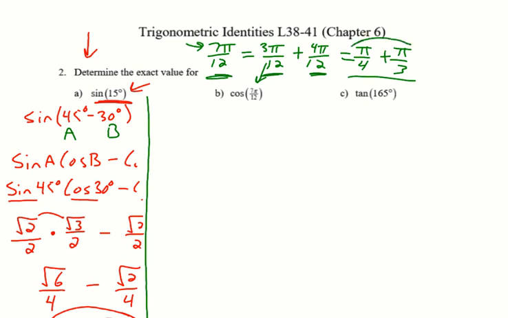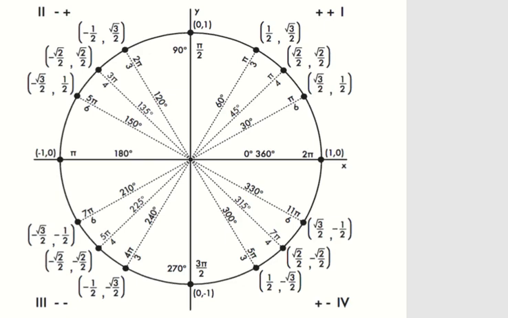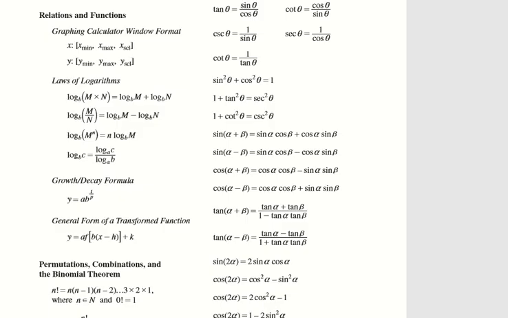Okay, so this is what it was. We're going to split it up into those ones. So we're going to rewrite this as cos of pi over 4 plus pi over 3. So this is my A, that's my B. Now I'm going to look to my formula sheet and say, what's that equal to? So cos of A plus B, well, that's that one, right?